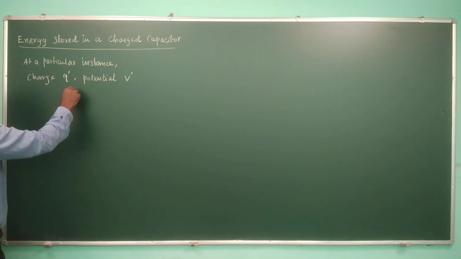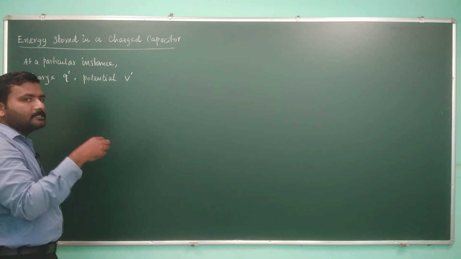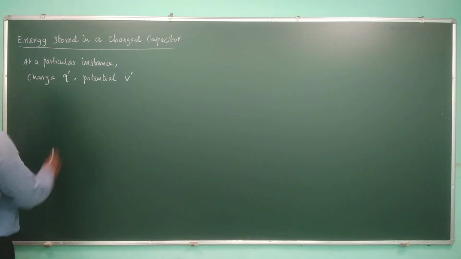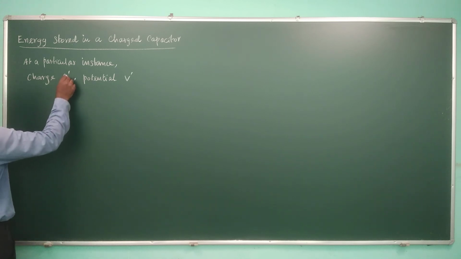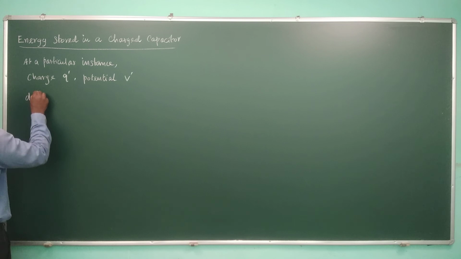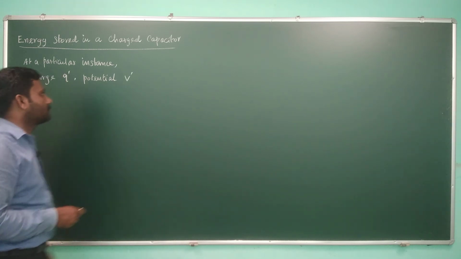So from this instant to an infinitesimally small next level, that is, if we increase the charge from Q prime to Q prime plus dq prime, we are increasing a very small fraction of charge.